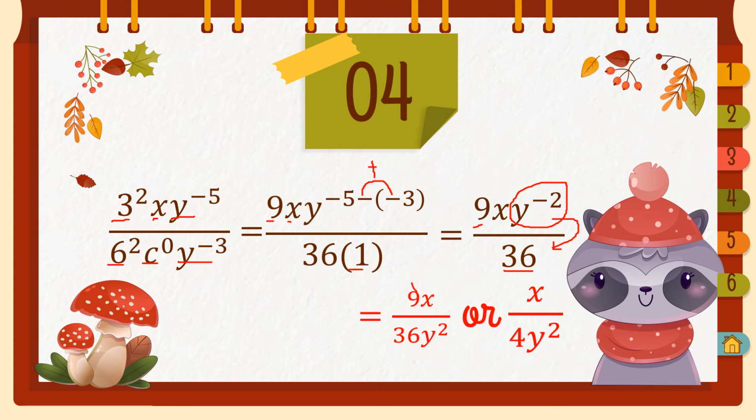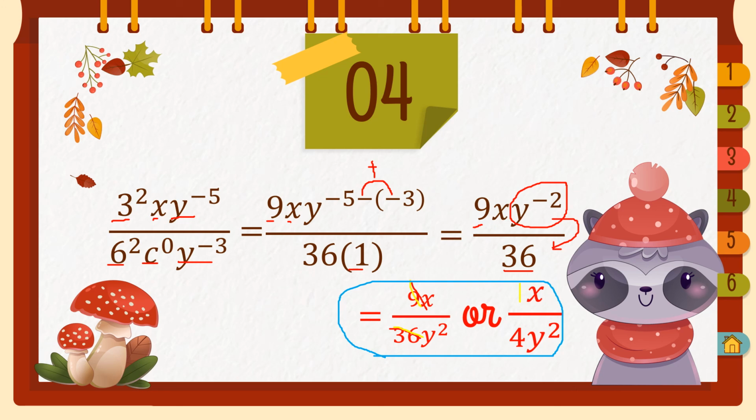Or pag sinimplify natin ito, cancel at saka ito ay cancel. So, ika-cancel natin yung 9, divisible kasi sila. So, magiging 1 all over 1 times x divided by 4y squared. So, ito na po ang magiging final answer natin.